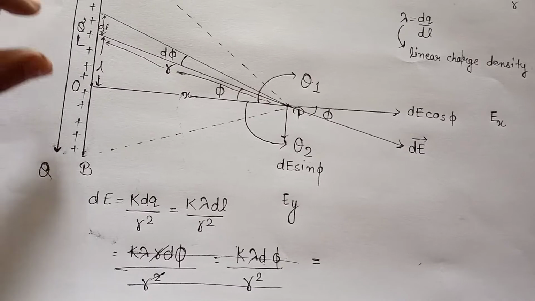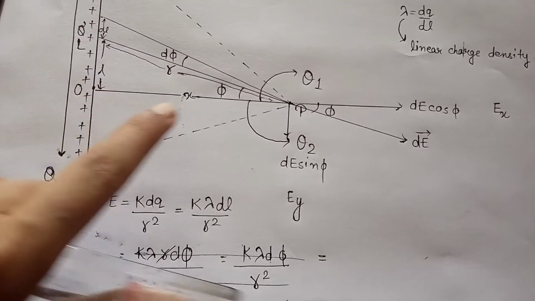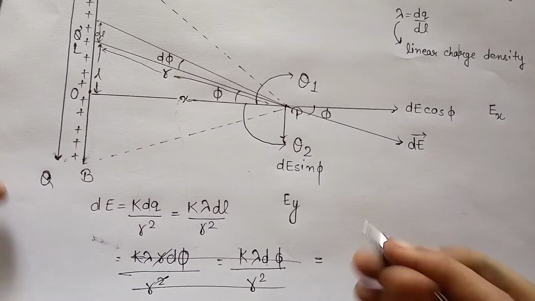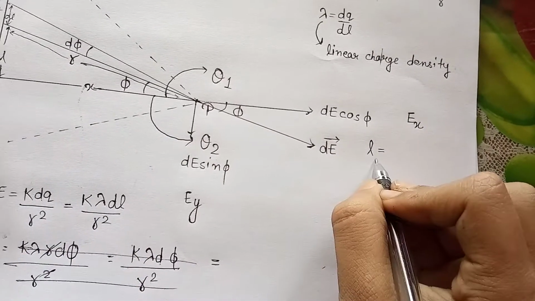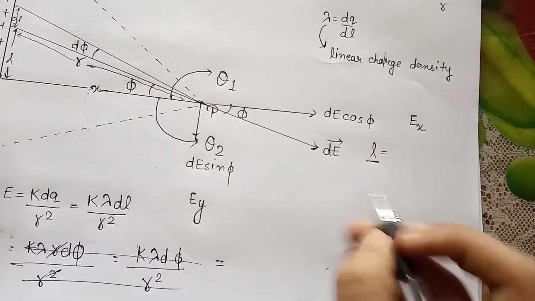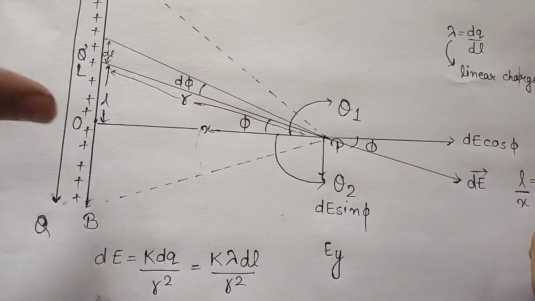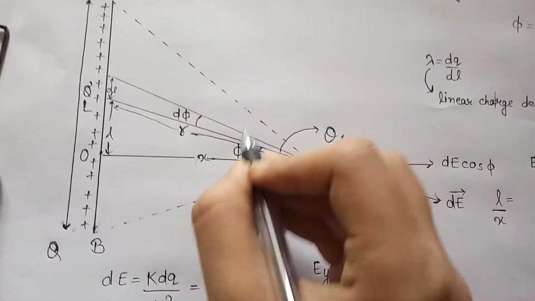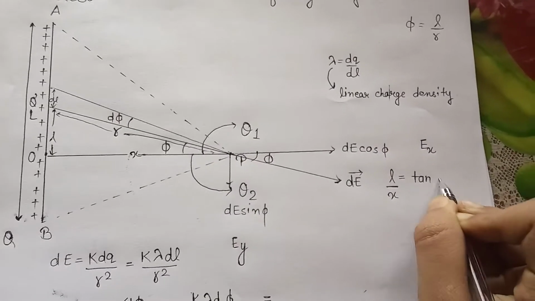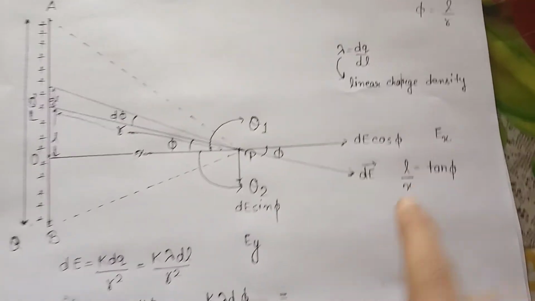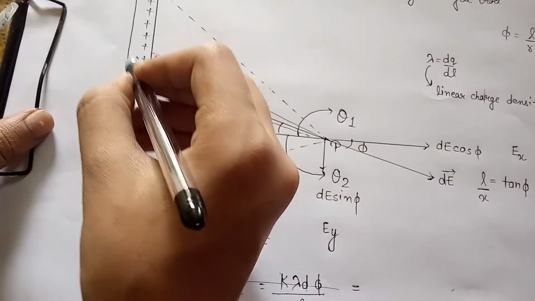So here we can see what this L is. What is the ratio of this length L and this length x? This is tan of this angle phi. Tan phi will be L by x in this triangle. This is O, this is P, this is Q dash.